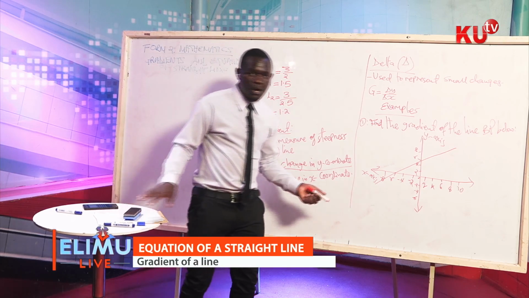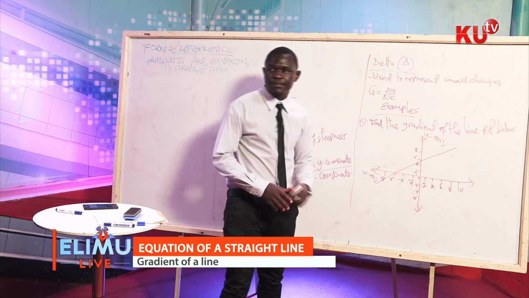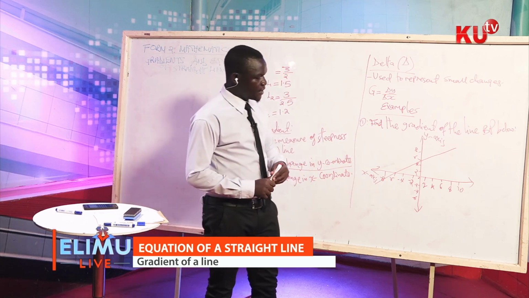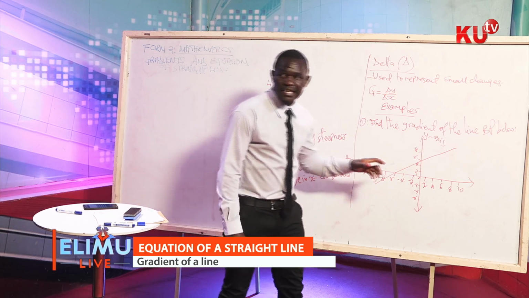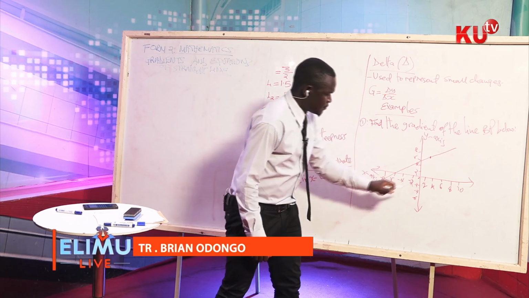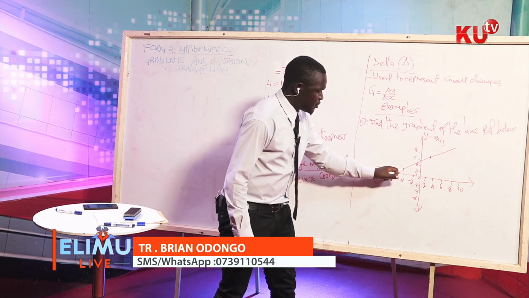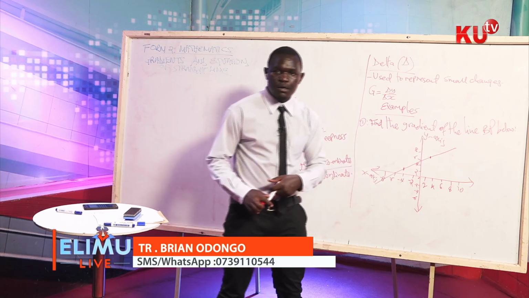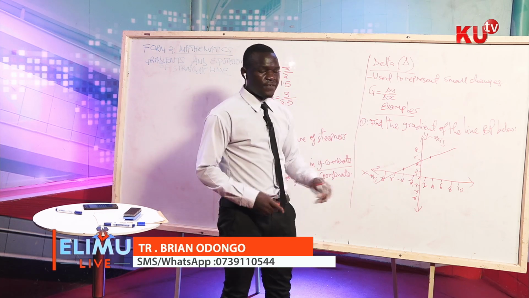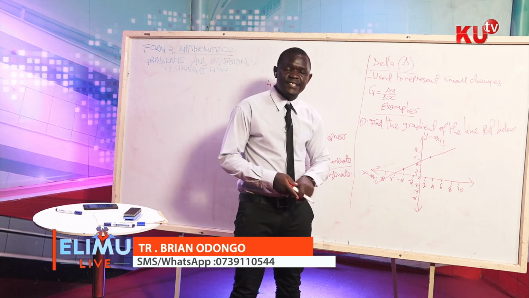Let's come back to our diagram here, students. I want to identify any 2 points. For example, allow me to identify this point here and this point here. Are we there, students? Now, after we've identified our points, let's write their coordinates.